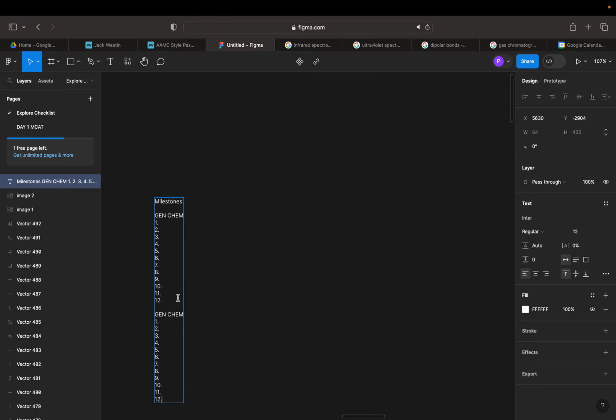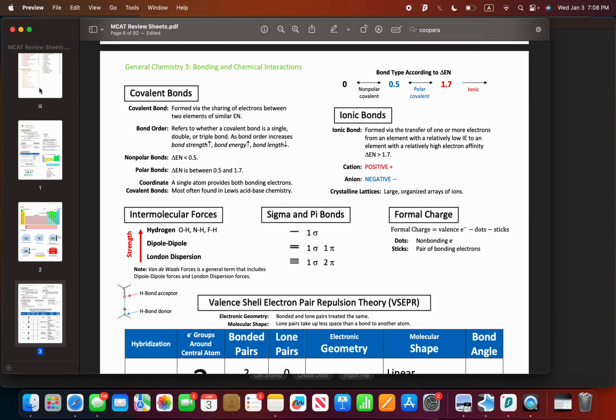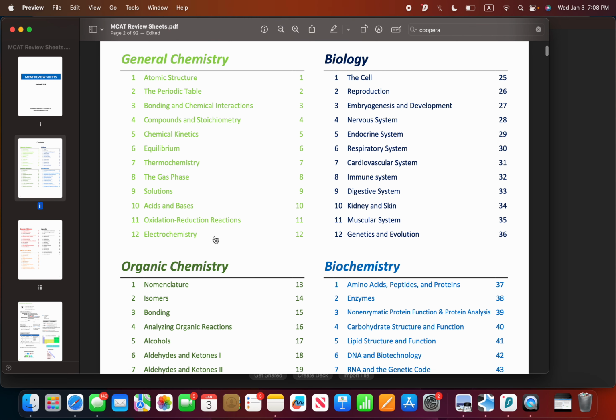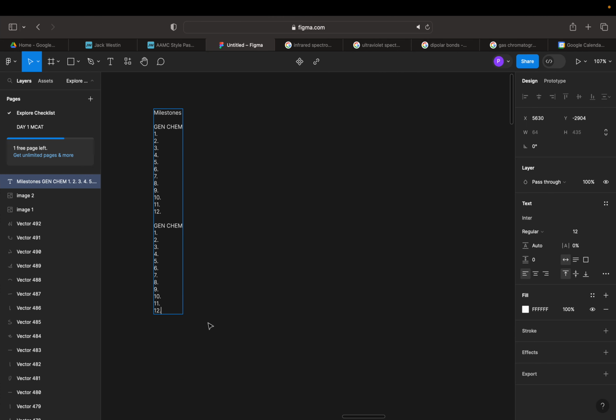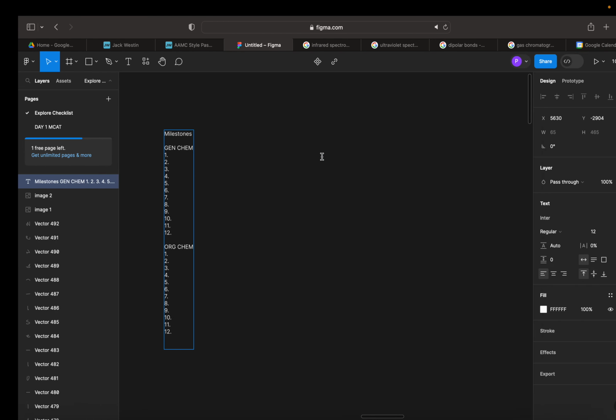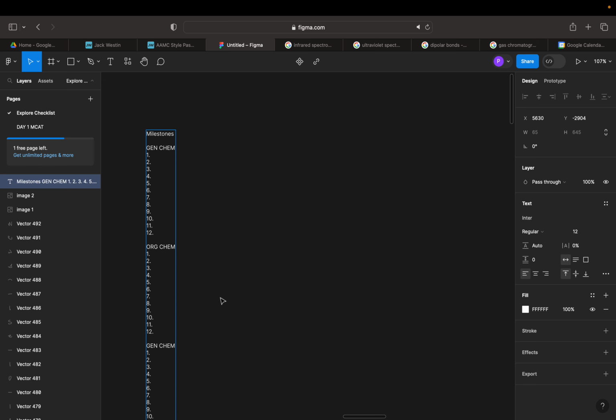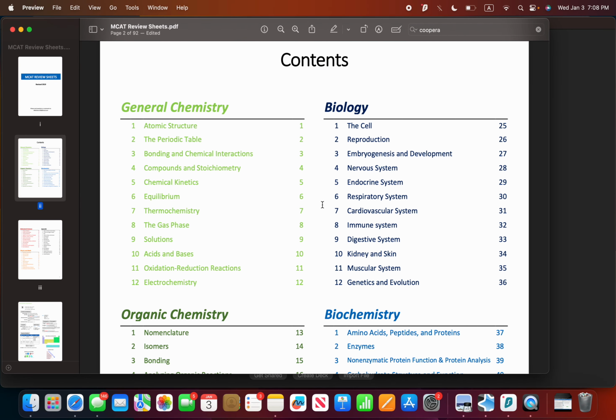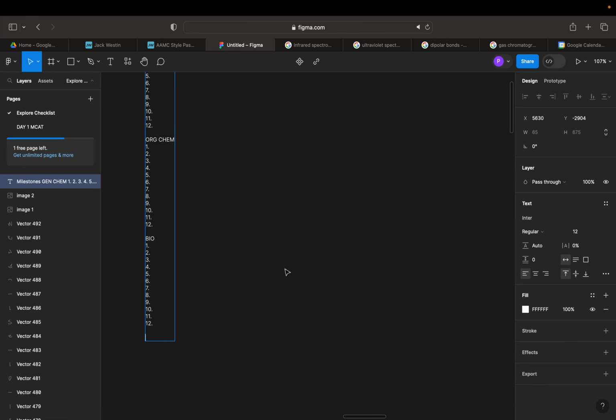So after Gen Chem, we have it for Org Chem. We have it for the biology, Bio. We have it for biochem.